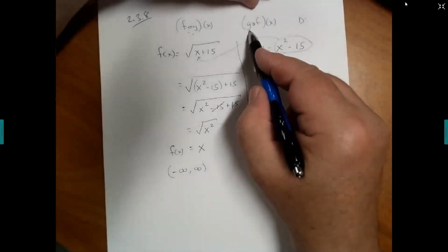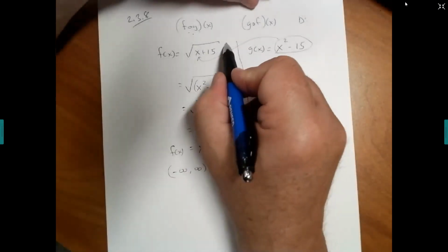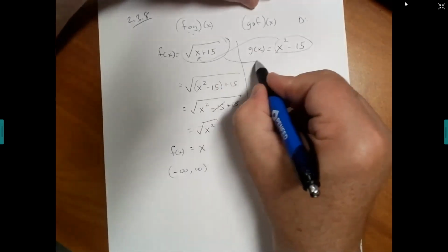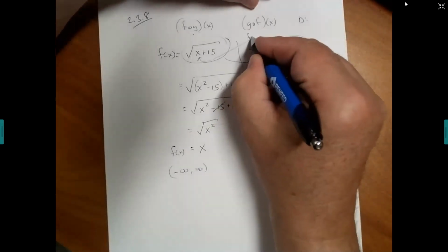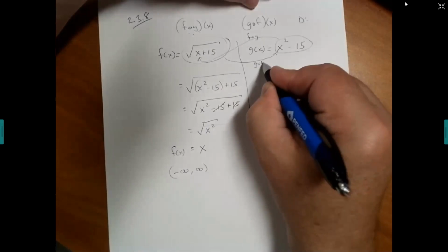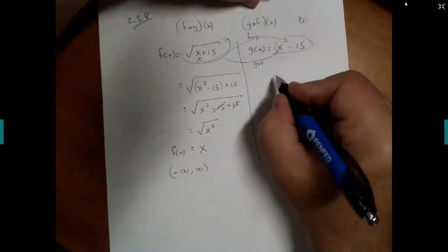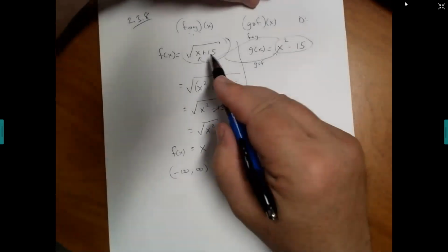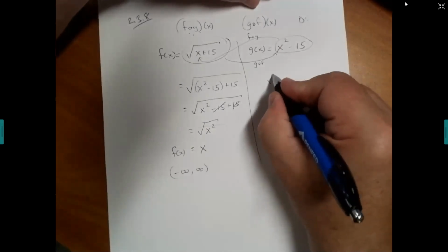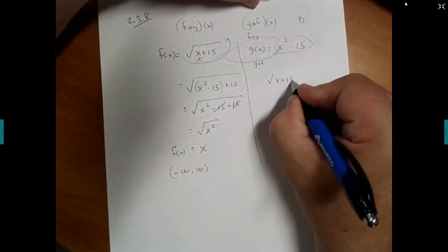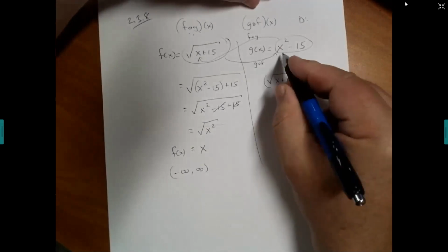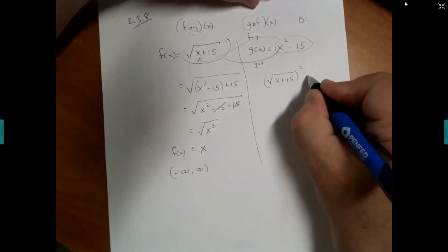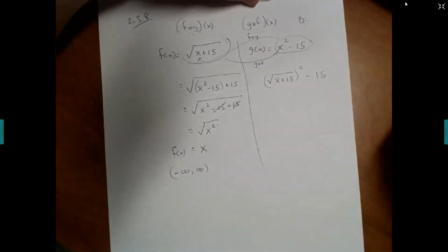Now for g of f, I take the f function and plug it in place of x here. This is f of g, and this is g of f. So I put the equation square root of x plus 15, and I square it, minus 15.